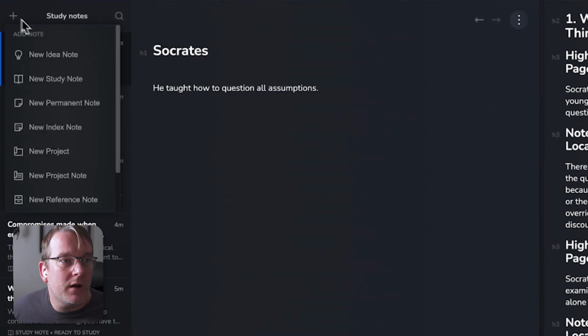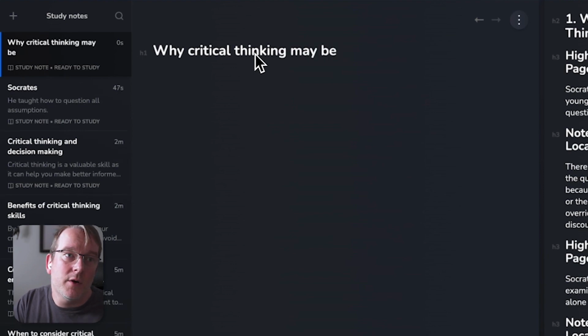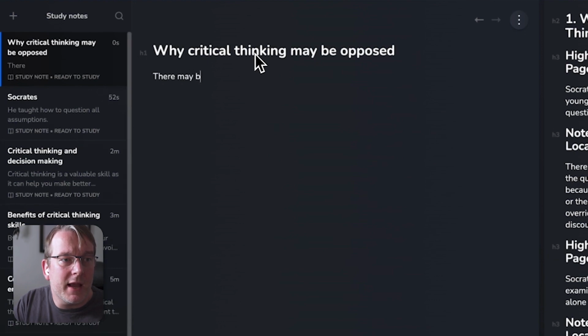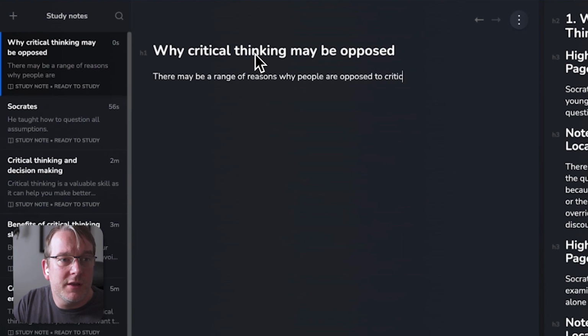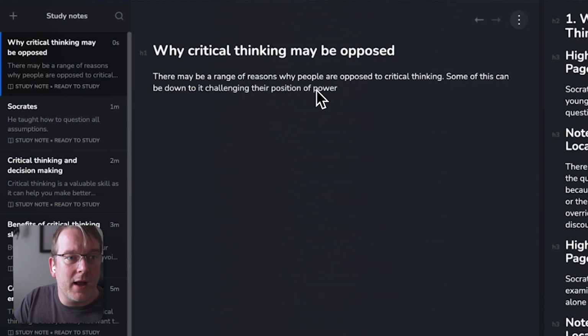So why critical thinking may be opposed, and there may be a range of reasons why people are opposed to critical thinking. Some of these can be down to it challenging their power. I'd say their position of power, or their belief system.